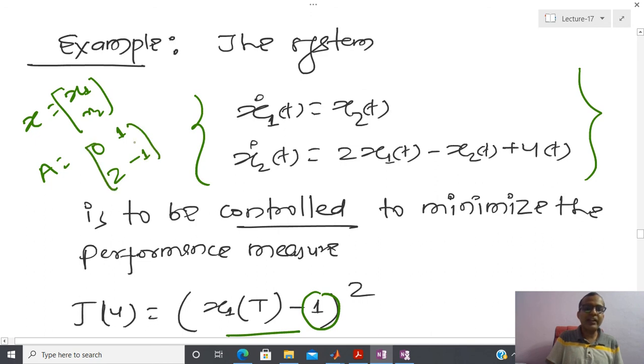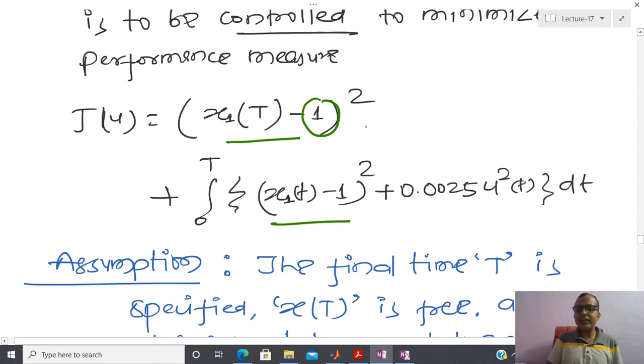So if you multiply A into X, x2 comes into picture in the first row, and 2x1 and minus x2 come into picture in the second row. And after that B, you can see that u(t) belongs to R, so I have B equal to 0, 1.